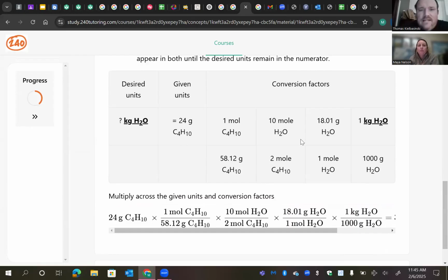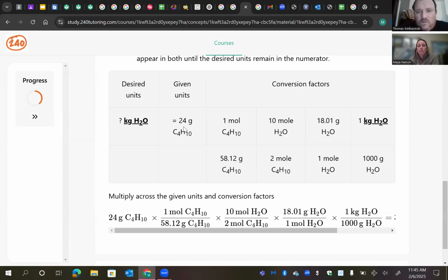So they are putting the numbers. Here's the deal. I would just multiply the numbers straight across: 24, 1, 10, 18. But what's 1 mole? Okay, see, 24 is on the side. The side number is always going to be the first start, 24 grams.